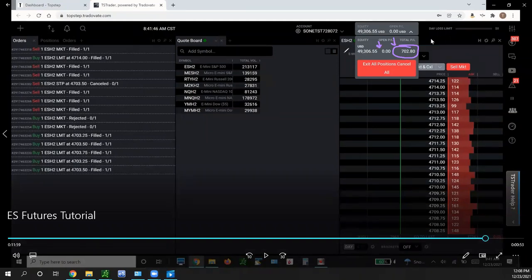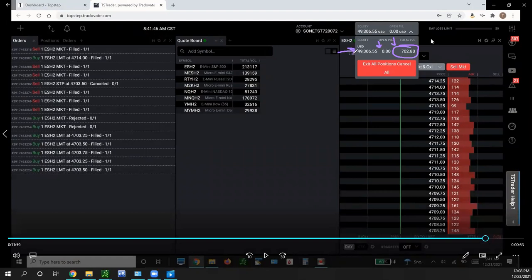And again, if you remember, we were at 48,000 and some change on the account. Now we're at 49,306 with a $700 profit in just over 10 minutes. So that's how we trade the ES futures.